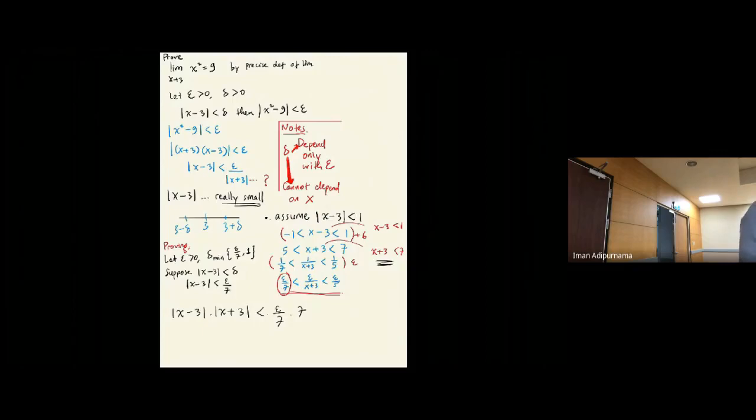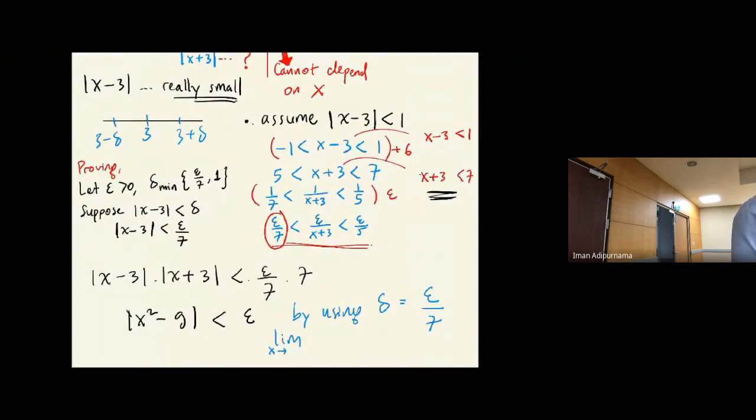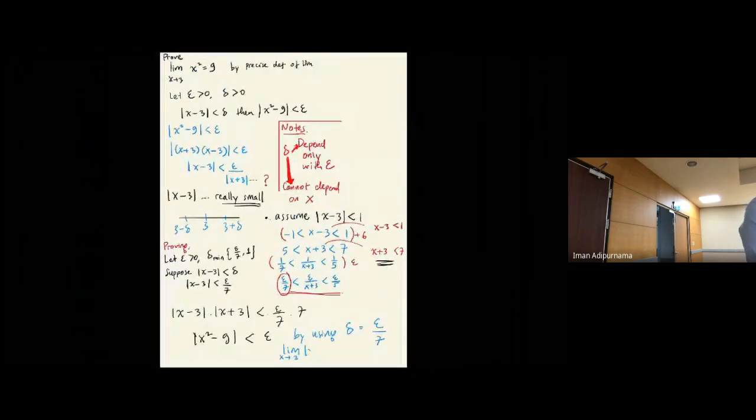Because we are choosing our delta as epsilon over 7, all this will be less than epsilon. So by using delta equal to epsilon over 7, we conclude that the limit as x approaches 3 of x squared equals 9. Then proven.